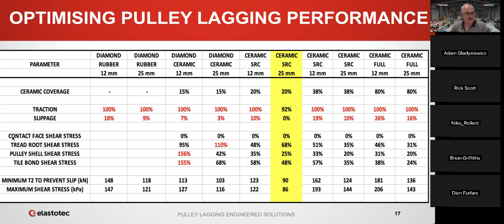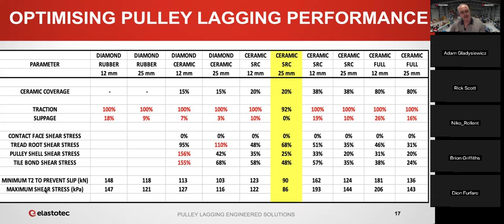And then these next 4 line items are the fatigue areas that we looked at: the contact face, the tread root, the pulley shell, and the tile bond. The numbers in red are where we're exceeding the fatigue life. So there were 2 laggings where we had a problem with fatigue.